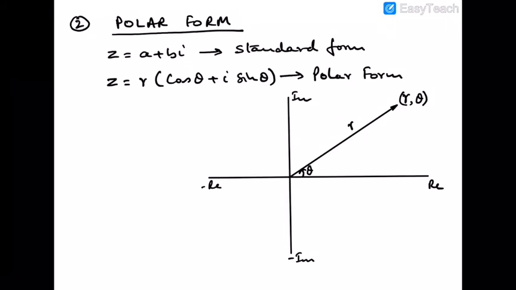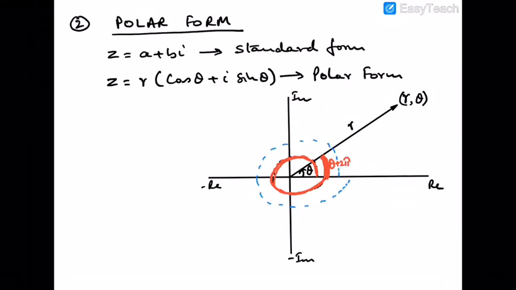Now if we complete one full circle and again reach this line segment that represents the complex number, then we will make 360 plus theta angle. So this angle will be theta plus 2 pi. So 2 pi is for one complete circle plus this angle theta.